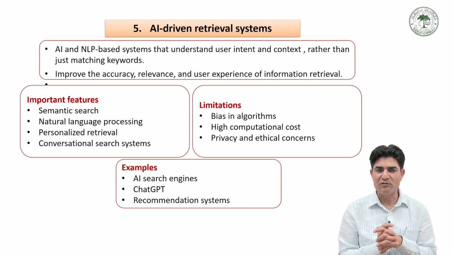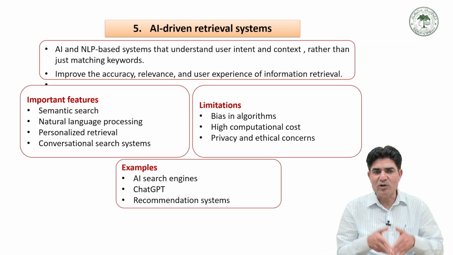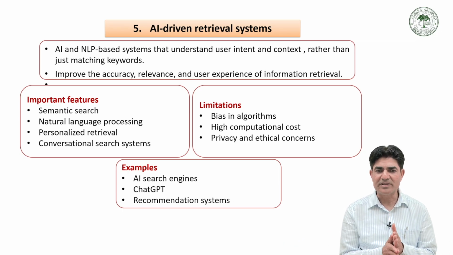They use natural language processing and need not use controlled vocabulary. Retrieval is personalized, and we can have a conversation with the search system. We can put our query in natural language, and on the basis of that, they will give you the information and results.